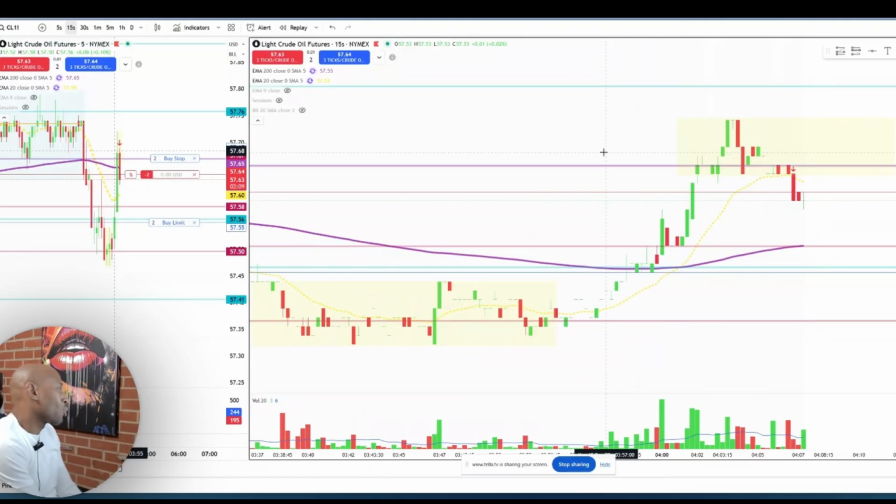A lot of times, if price starts to stall, there's a good chance that maybe that wasn't the best entry. And then sometimes price stalls and it still goes to your take profit. But I like to see price pushing when I get in, not stalling. Anyway, I got a 3 tick stop loss and a 9 tick take profit.